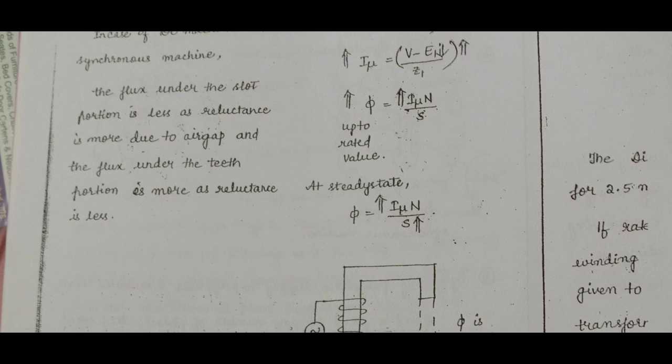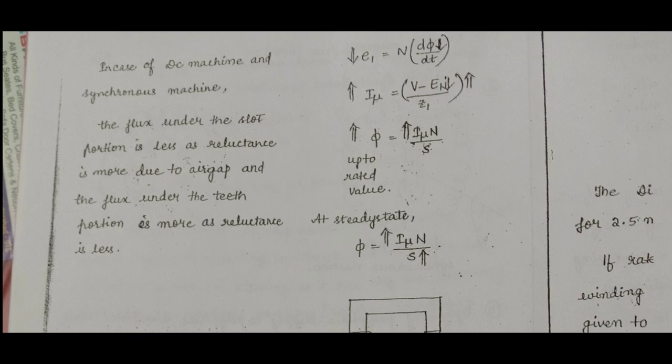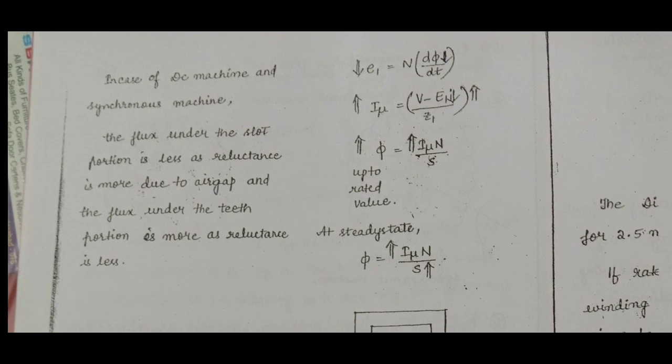At the teeth, flux is more because area is less. Area is less, so reluctance is less. Then flux is more.